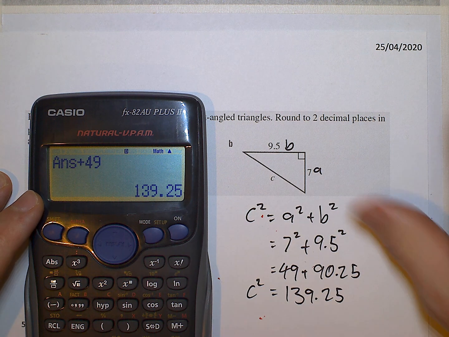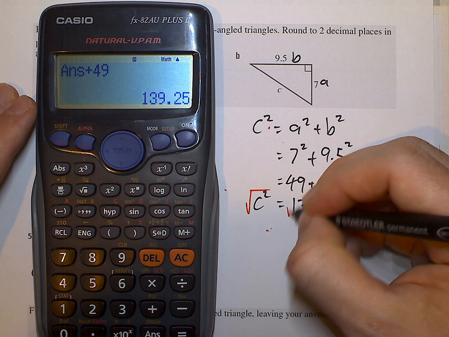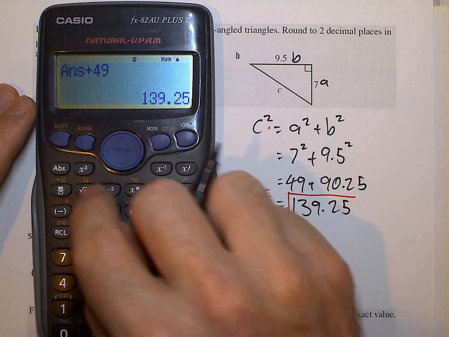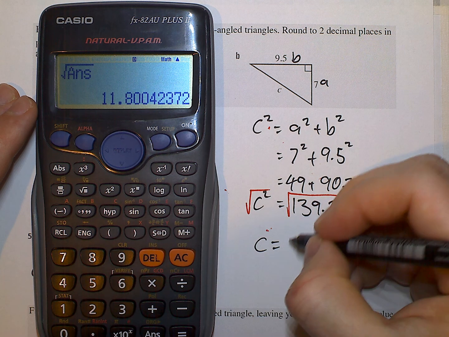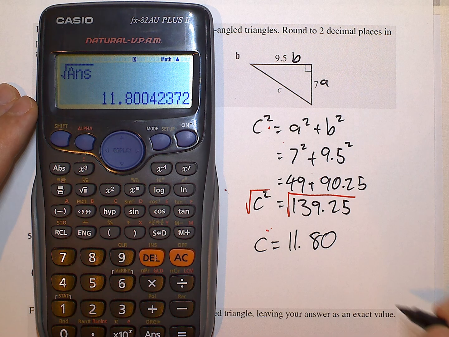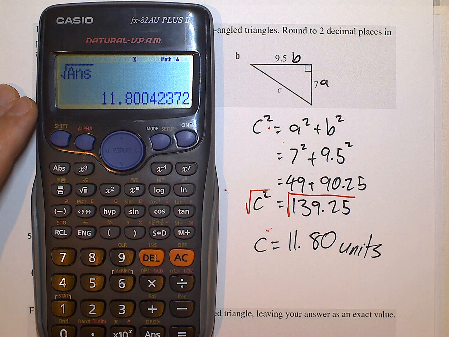To get it to c, I need to square root both sides. So let's do that. C will equal square root answer, 11.80. Okay, and units.